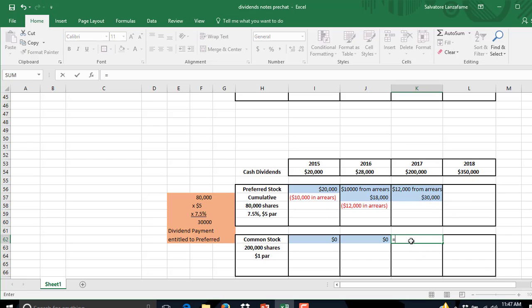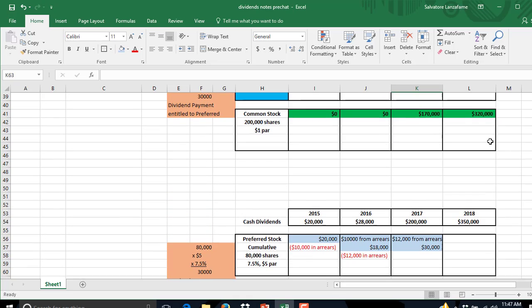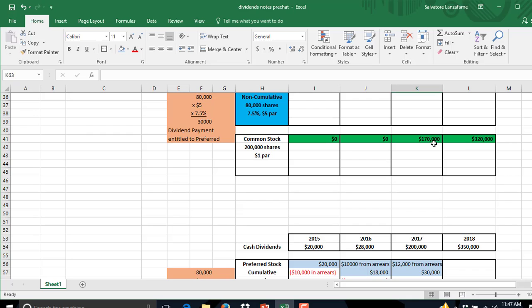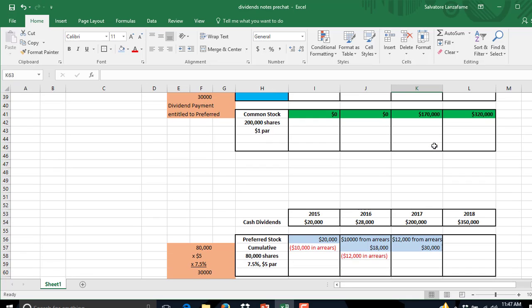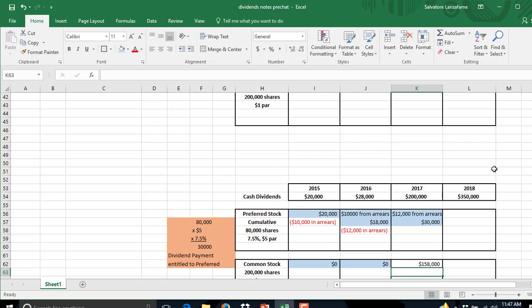And the common stockholders are going to get what's left, and that's 158. Remember in the previous one, in this same situation, common got 170. And now they're only getting the 158.